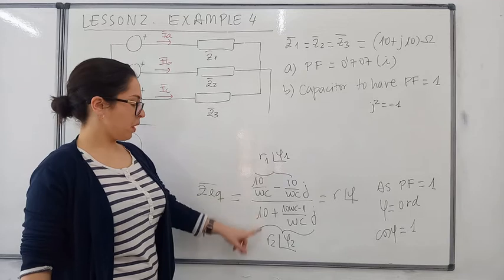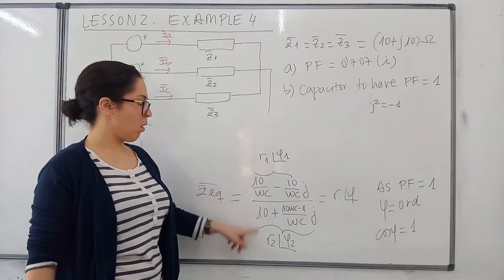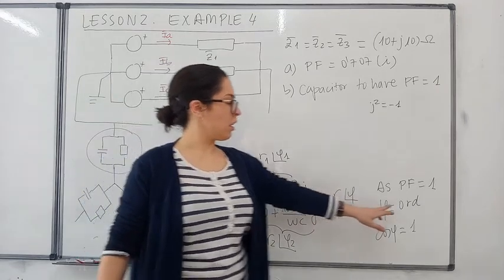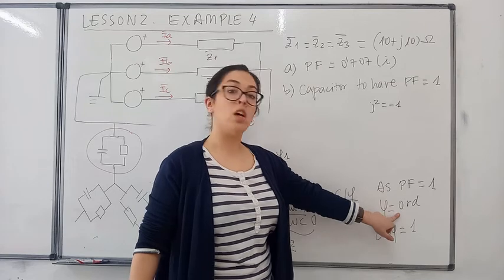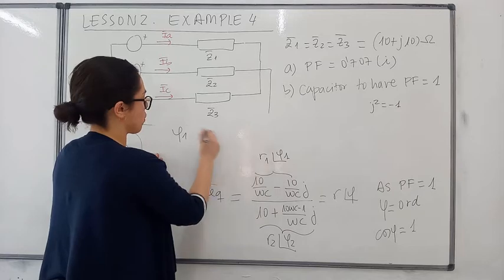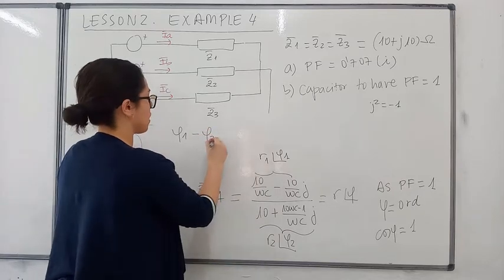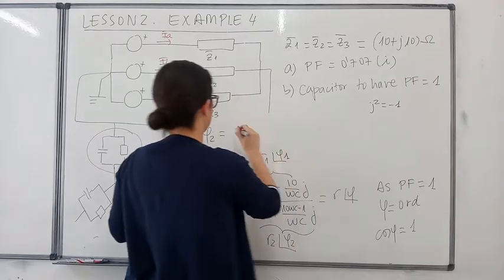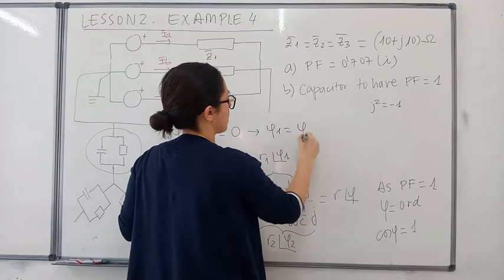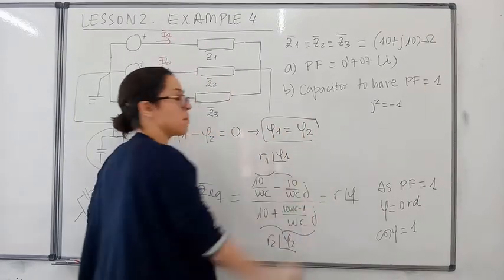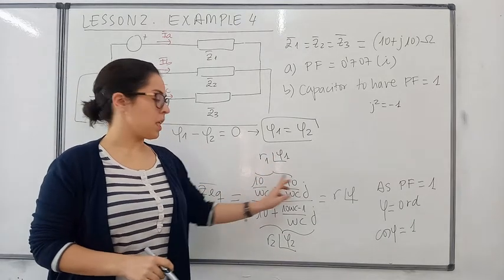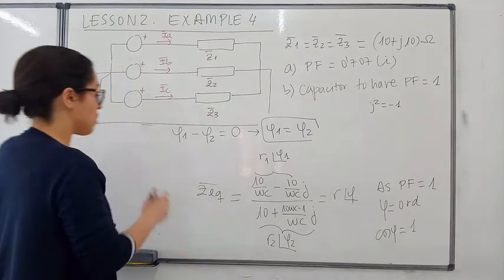As you know, if we divide these two complex numbers to get to this one, whose angle is 0, then the angle in the numerator minus the angle in the denominator should be equal to 0. That means that the angle in the numerator and the denominator should be the same angle. So, as we want the angle to be the same in the numerator and denominator, we can express the following.